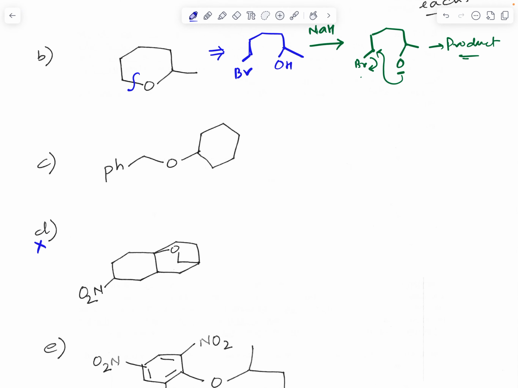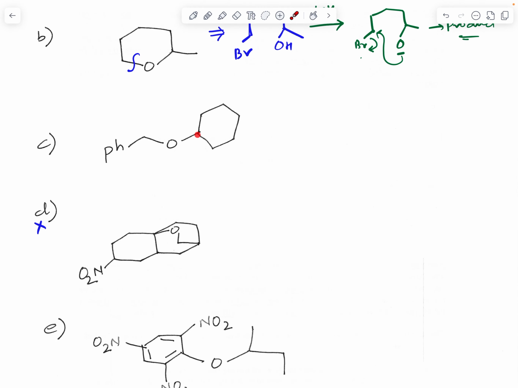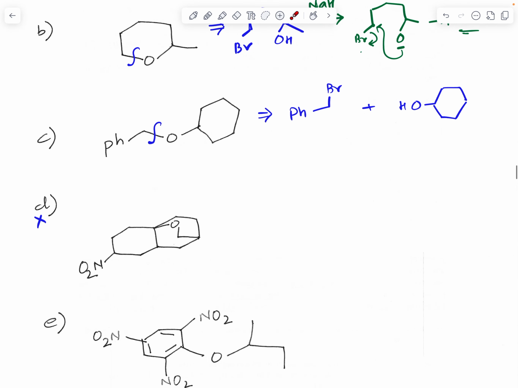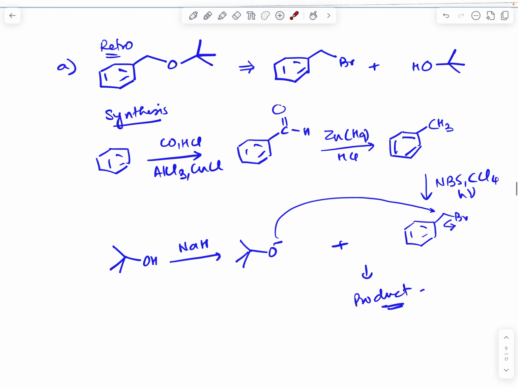All right, let's take a look at C. In C again, the more branched piece can have the OH, the less branched will not have the OH. So we'll cleave from here. Again, I'm thinking retro. So that's going to give me a Br out there, and then you have an OH out here. As you can see, that's 6 carbons. That's actually 7 carbons. So we need to figure out how to make this. But I just showed you how to make this in the synthesis out here.